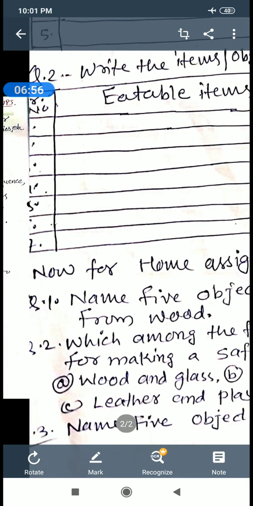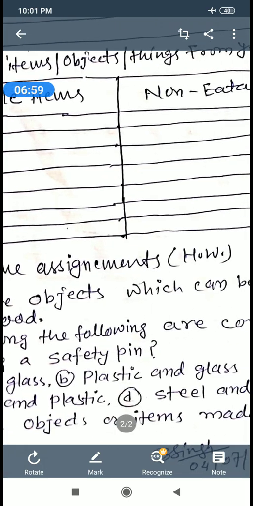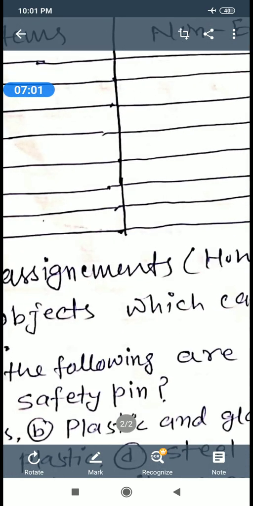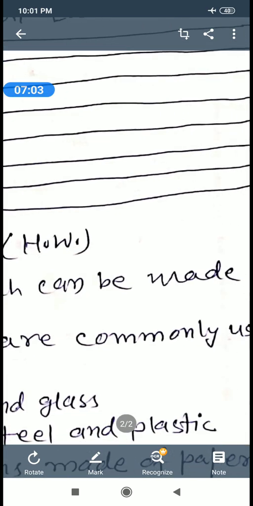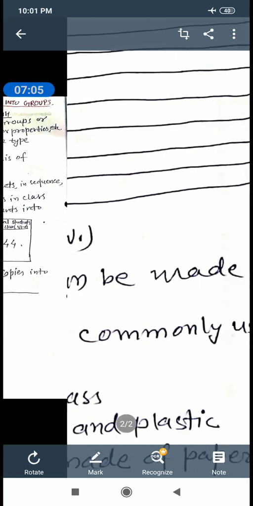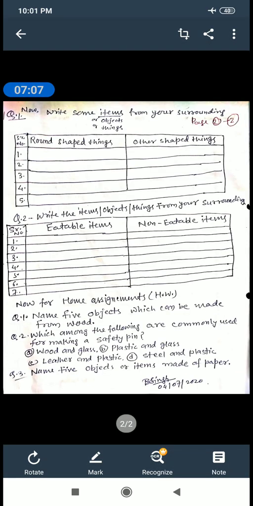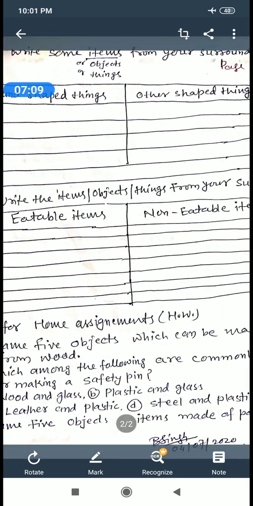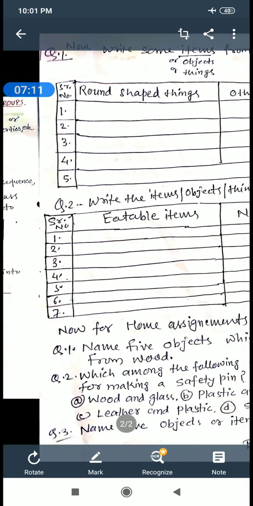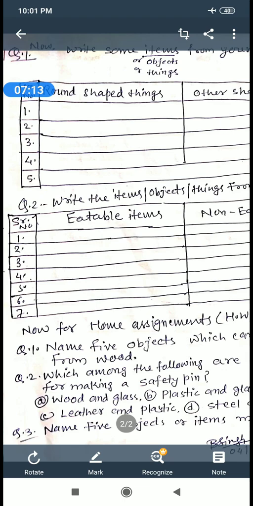Second question: which among the following are commonly used for making a safety pin? A pin is used to put paper or documents together.